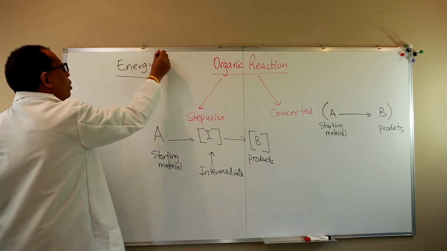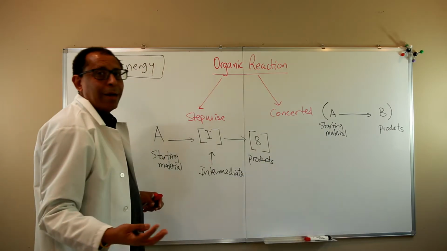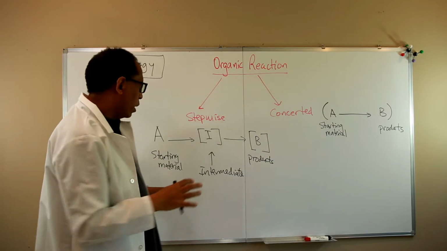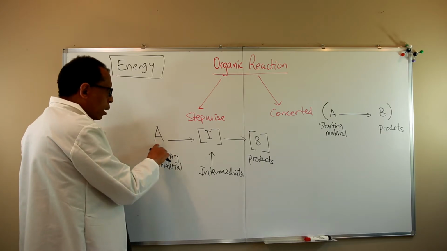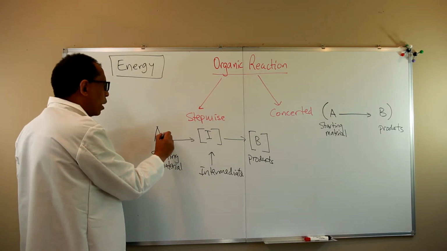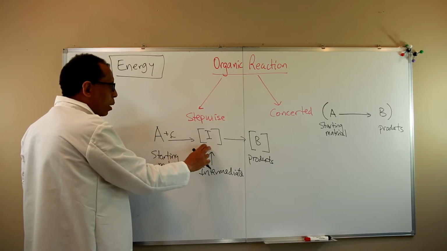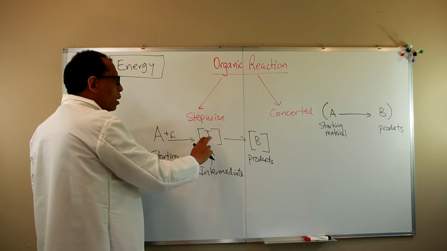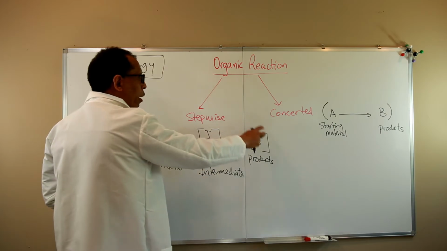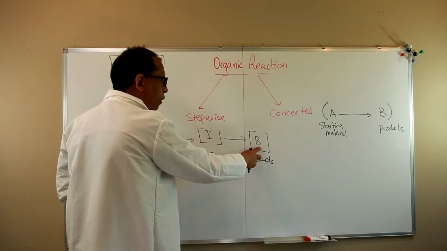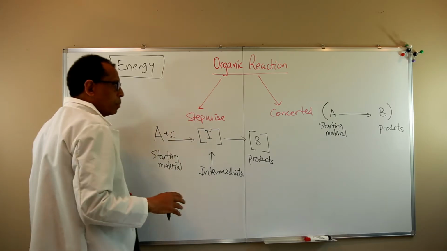Of course, energy would be added to the system, and energy also can be released as a result of a reaction. So, starting material A reacts with some reactant, let's say C, goes to an intermediate species. That intermediate species, very unstable, goes to a more stable final product, B. So this is a stepwise reaction.